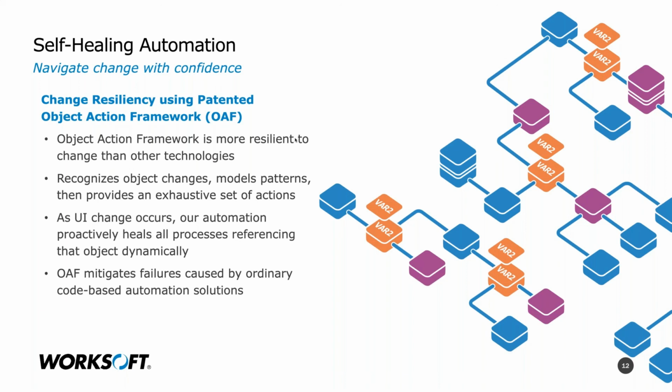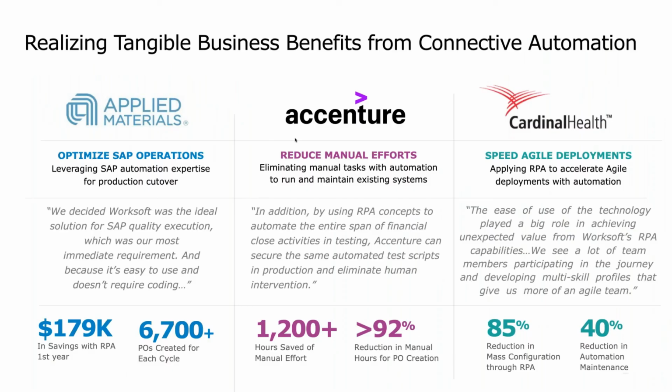Okay. The other thing I want to talk about was some use cases, right? So three of them that I think are illustrative of different ways to do this, right? So with Applied Materials, this concept of breaking down silos, right? So there, what they did was, they were using automation for testing, and they're able to repurpose that same automation for RPA.